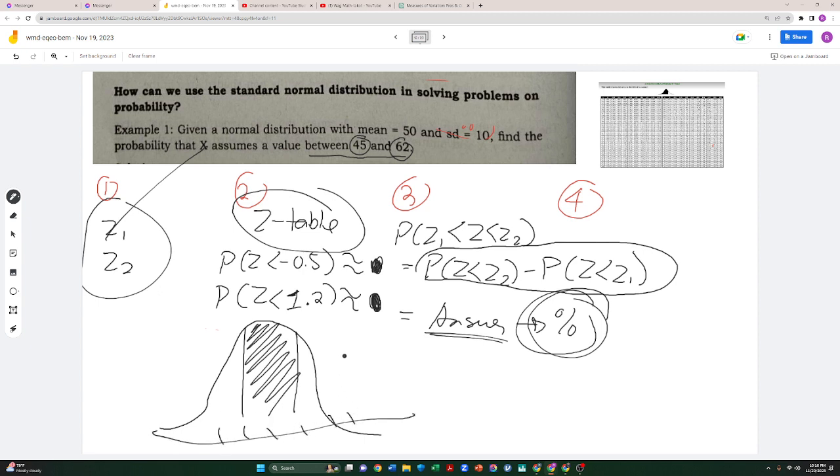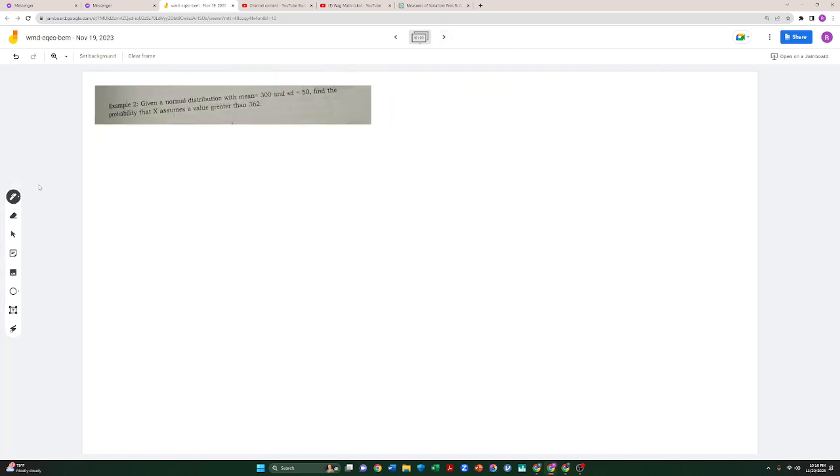So inana ang pag-graph niya. Di ba ang ato ang mean kay 50. So inana ang iyang graph. Nasa tunga kay between man. Okay? So let's go to another example.